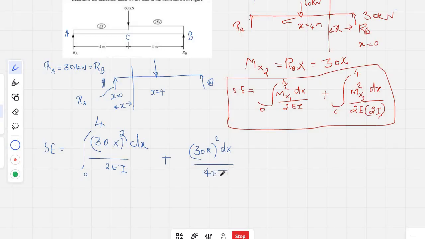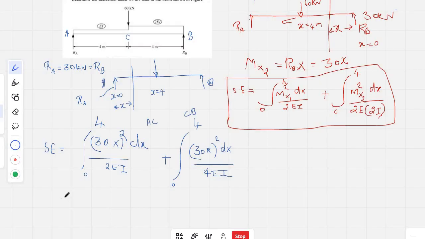The reason we have 4EI is that here the flexural rigidity is twice that of the first half of the beam. This is for 0 to 4 limits. This is part AC, this is part CB.